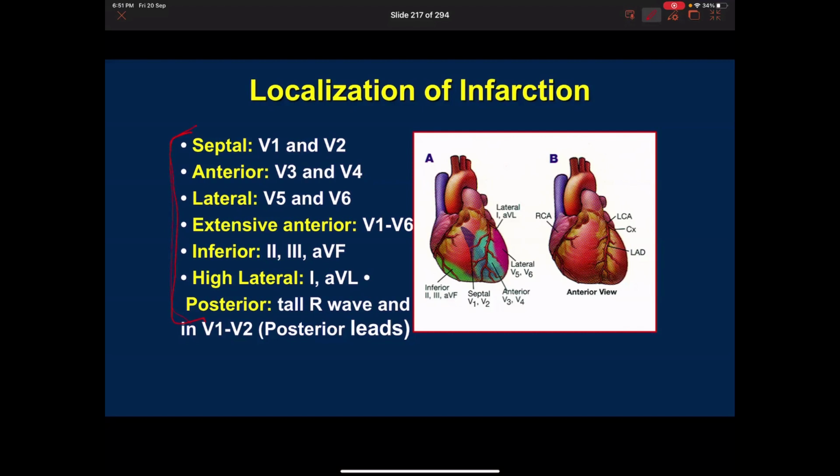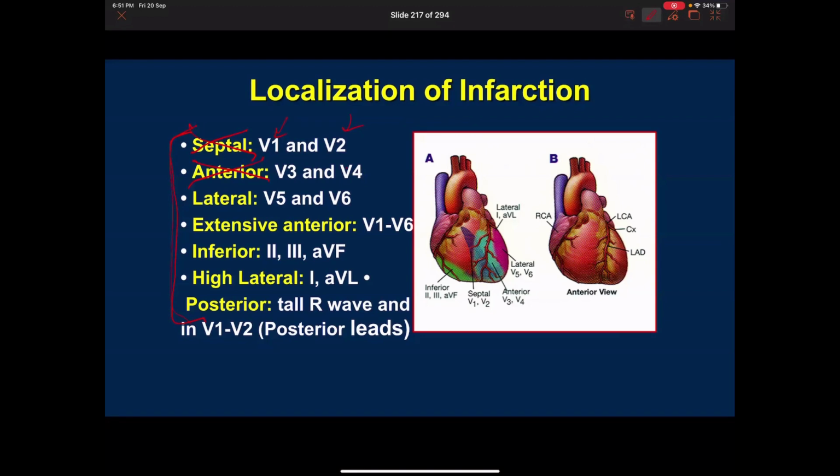Now, like we said, a STEMI is an ST elevation of more than 1 square in 2 consecutive leads. So let's say I showed you an ECG and you saw a STEMI in V1 but not V2. You cannot call it septal, okay? Let's say you saw a STEMI in V3 but not V4, you cannot call it anterior.